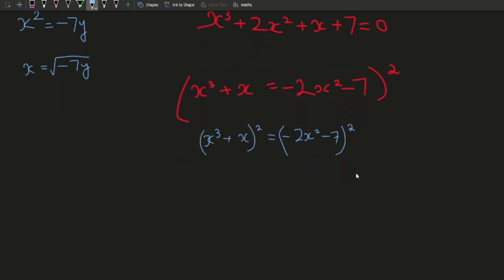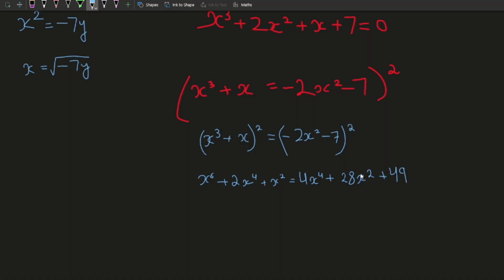Now let's expand these. So now we will be left with x to the power of 6 plus 2x to the power of 4 plus x squared, which is equals to 4x to the power of 4 plus 28x squared and finally plus 49.